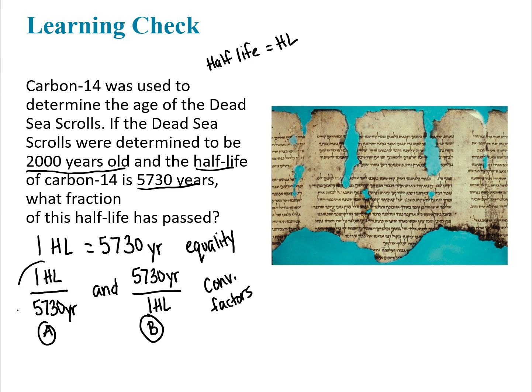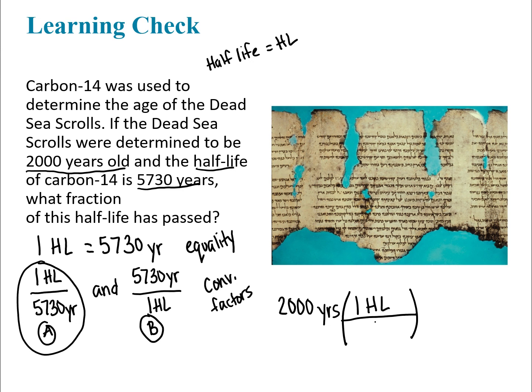We're going to use A. We're starting with our time, which is 2,000 years. We're going to multiply and divide. So you multiply by 1, divide by 5,730. And your calculator will tell you 0.349.